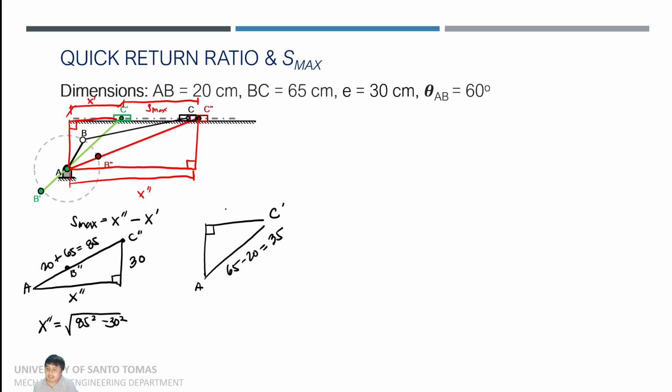And what is also given is the offset, so the offset here is the same as well. So you have 30 in here. So you can use again the Pythagorean theorem to determine x prime. So x prime is equal to the square root of 35 squared minus 30 squared. So solving for x double prime and x prime, and then you can solve for S max.